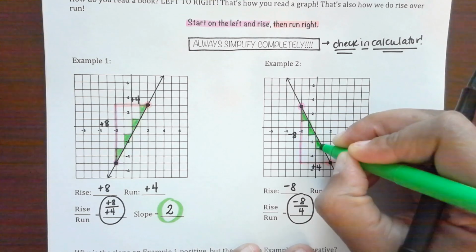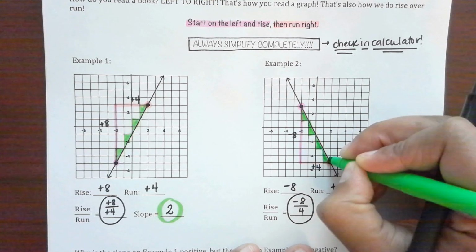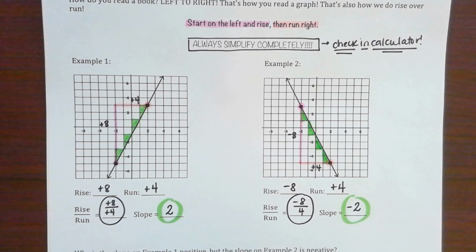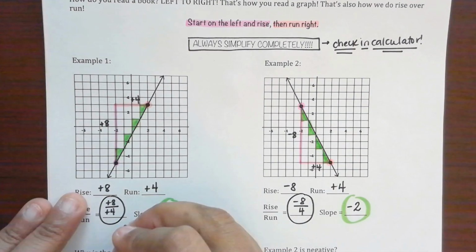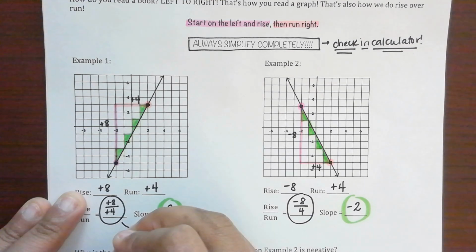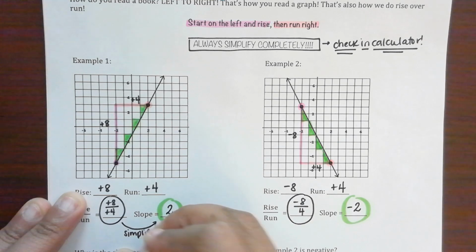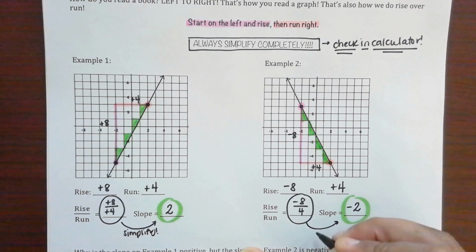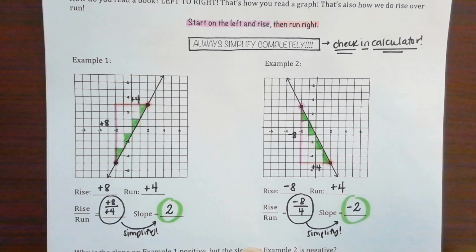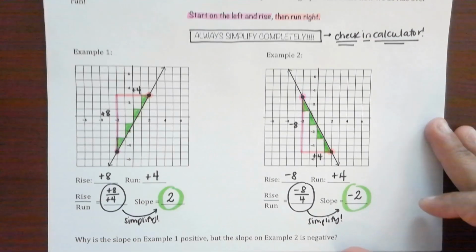If I continue that, will every triangle hit that actual line? That's how I know that this is true. So from here to here, we can say simplify. Any questions there?